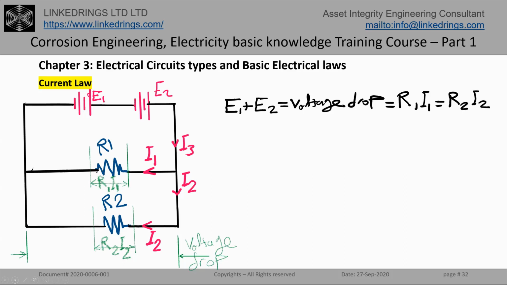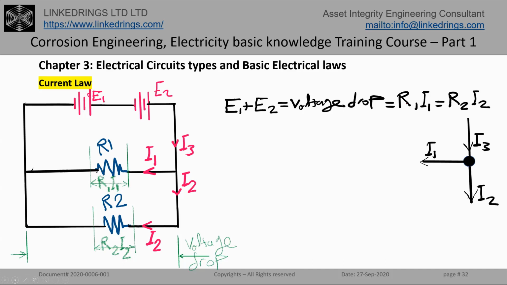What will happen when I look at the other electrical circuit here? The same thing: the voltage source E1 plus E2 equals the voltage drop, which is I2 R2. So what does that mean?